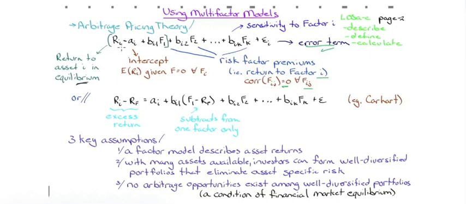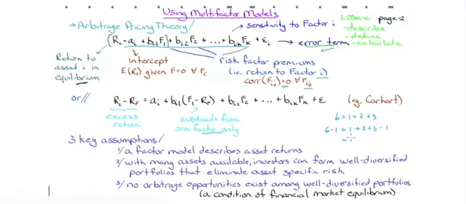We can also describe this model in terms of excess return. Instead of the return to asset I, we could talk about excess return by subtracting the risk-free rate from both sides. If you subtract the risk-free rate from both sides, you get an excess return on this side, and you only subtract it from one factor on this side. It doesn't subtract from all the factors. And I think that makes sense. If you have 6 equals 1 plus 2 plus 3, and you subtract 1 from both sides, you get 6 minus 1 equals 1 plus 2 plus 3 minus 1.